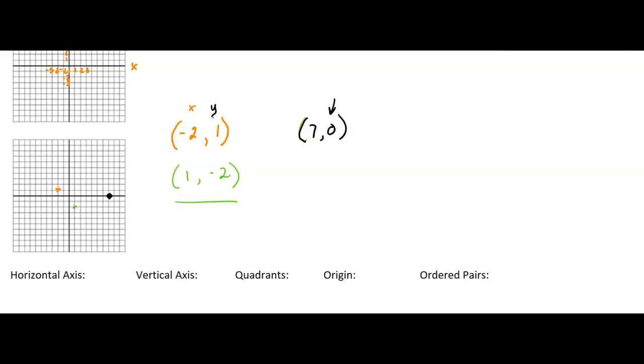Okay, so I think I covered all these terms. The horizontal axis is the x-axis, the vertical axis is the y-axis. So horizontally this way, and vertical this way, okay? Then it makes 4 quadrants, 1, 2, 3, 4.